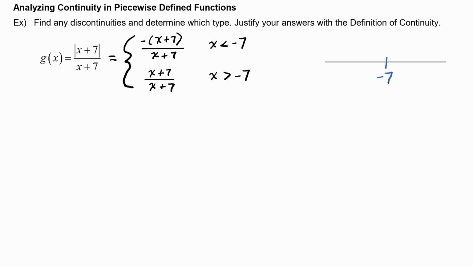When we are less than negative 7, to the left, we use this piece: negative of x plus 7 over x plus 7. And when x is greater than negative 7, we use this definition, which is x plus 7 over x plus 7.